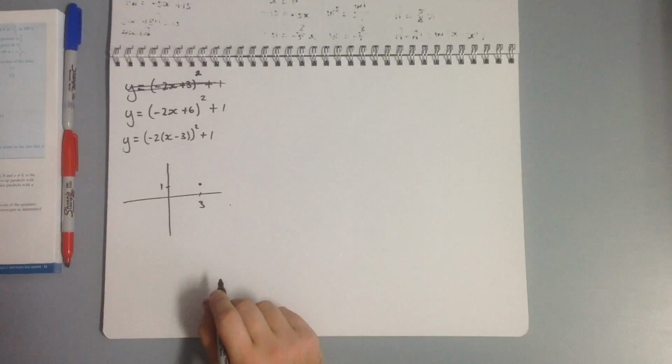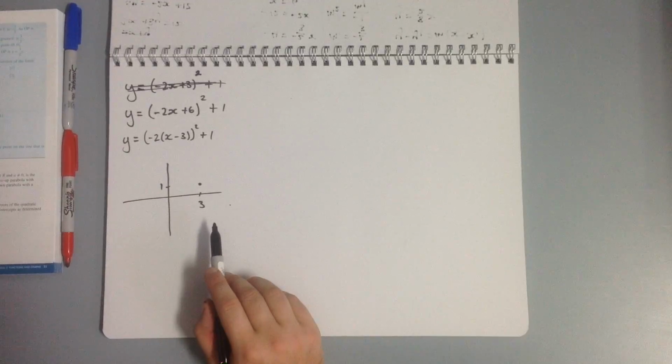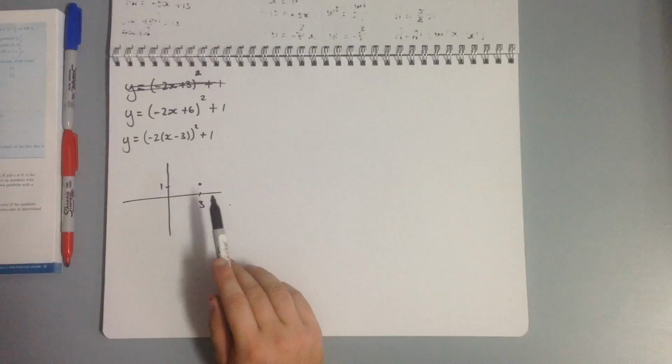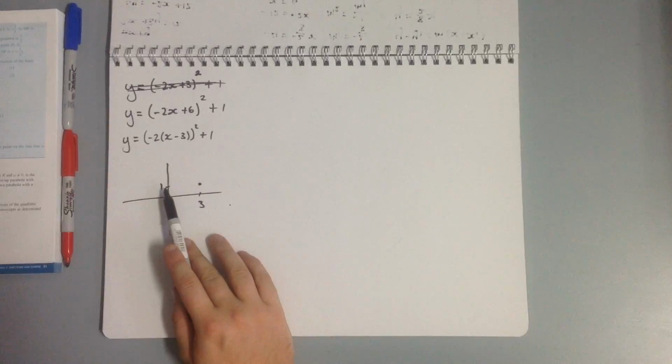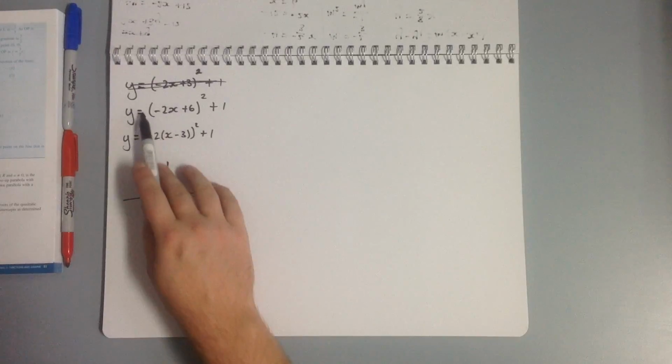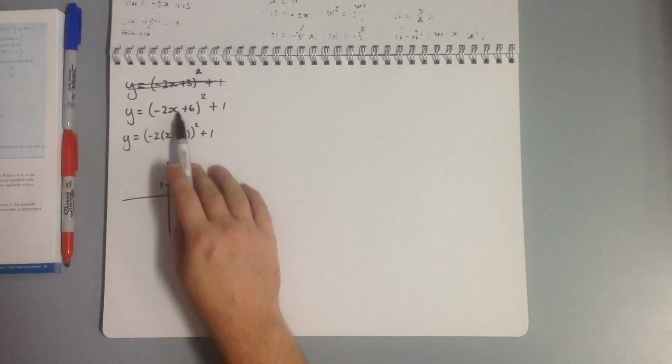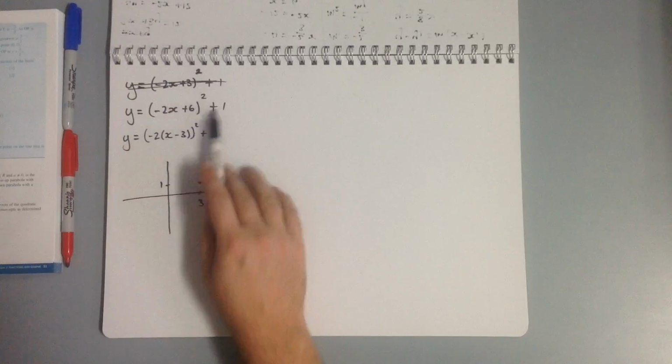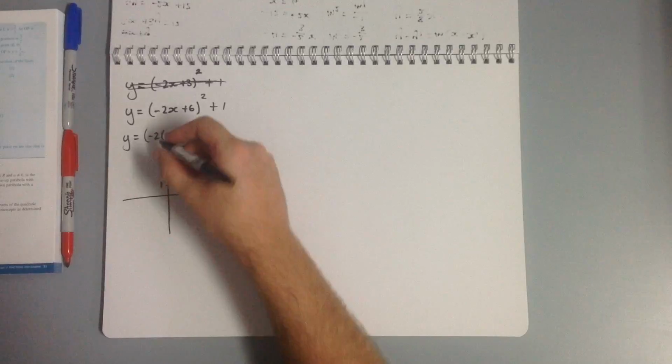And that doesn't really give us a whole heap of information. So what we really want to do is think about what would be our y-intercept? Now y-intercept comes when we let x equal 0, which means we do 6 squared, which is 36, plus 1 is 37, so we're going to be way up there.